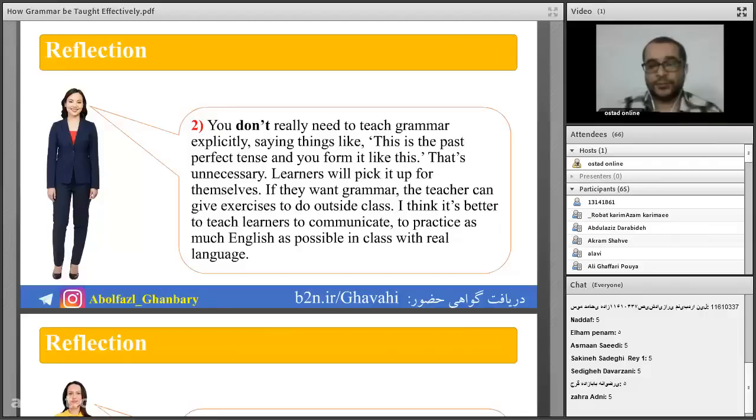This is the second comment from a teacher. Please read about it again.